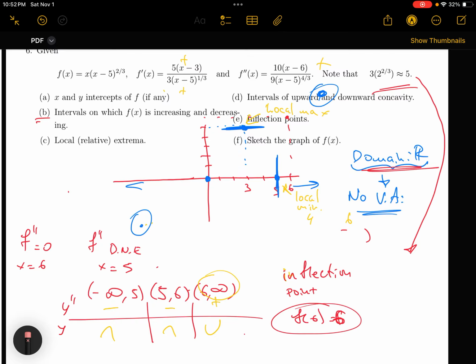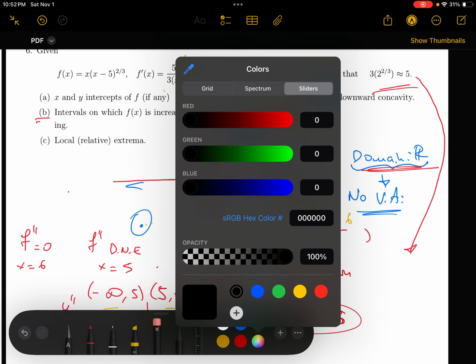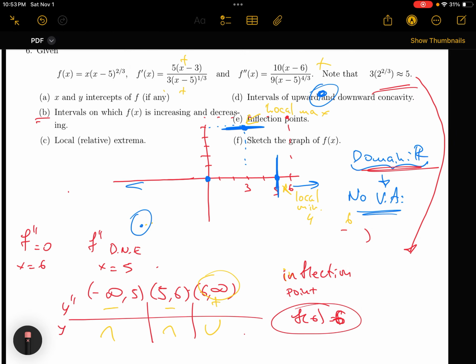So the function is increasing. This might be slightly misleading here.